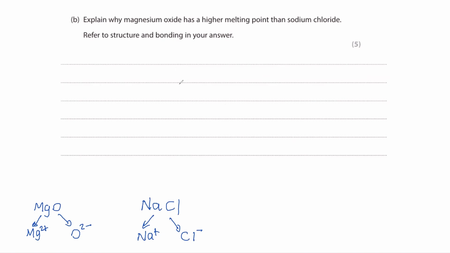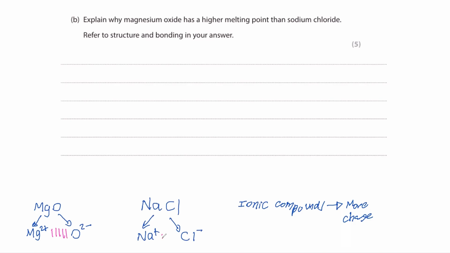So this is the point you have to remember. These are ionic compounds. So in ionic compounds, remember more charge means that if you have plus 2 and minus 2, there will be attraction between them.